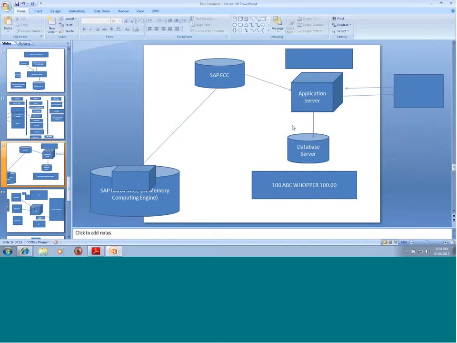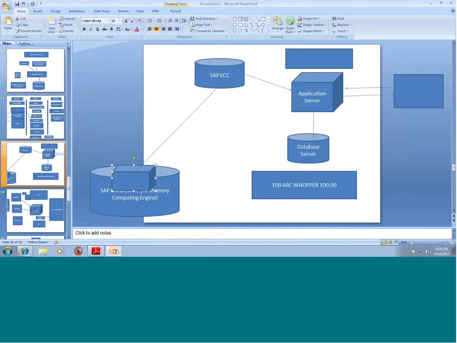SAP came out with a statistic that it took about 1 or 2 hours to run that report and bring back the data. The same model was replicated into the HANA database system and rerun. The program, the same complexity, after putting it into HANA, came back within less than 13 or 14 seconds. So look at the comparison. The system that ran for over 1 hour came back in less than 15 or 16 seconds.